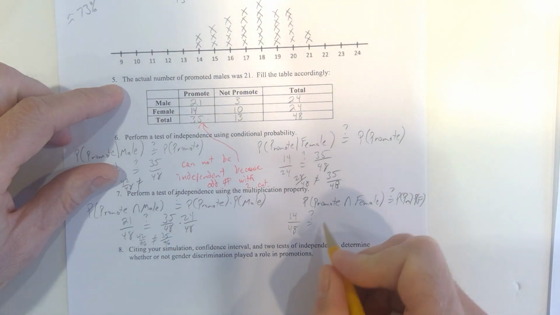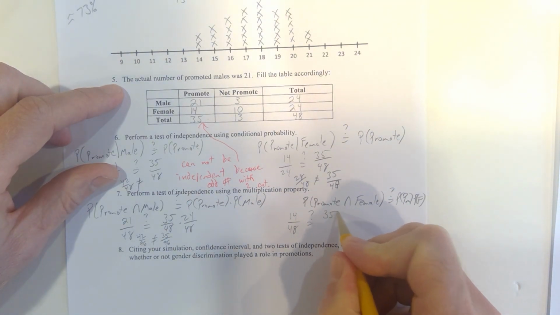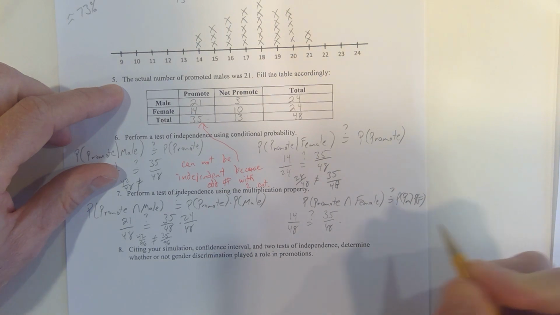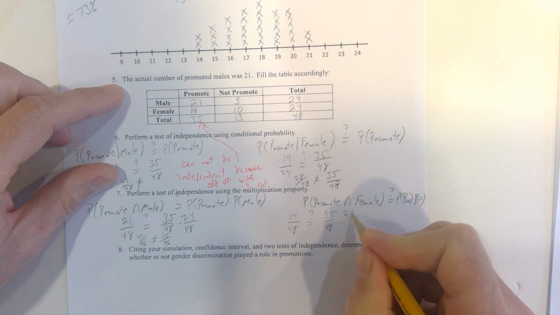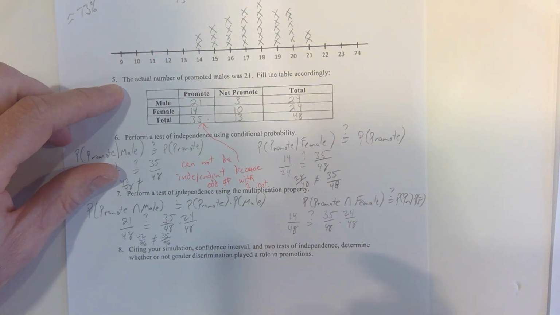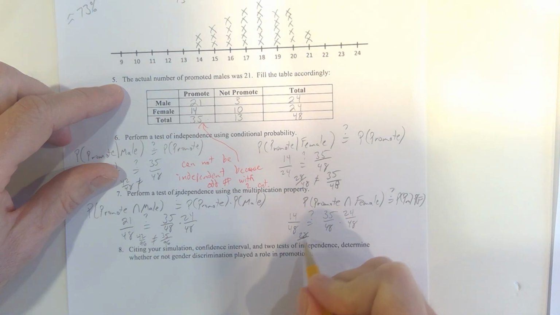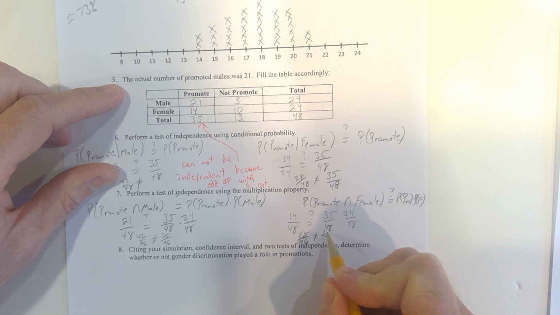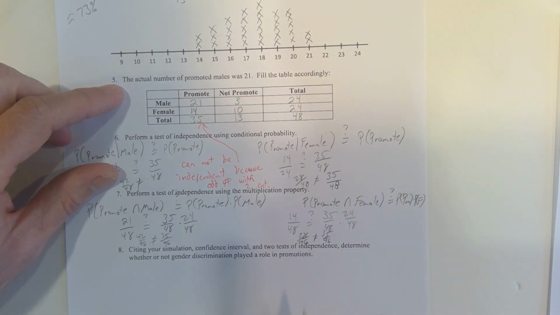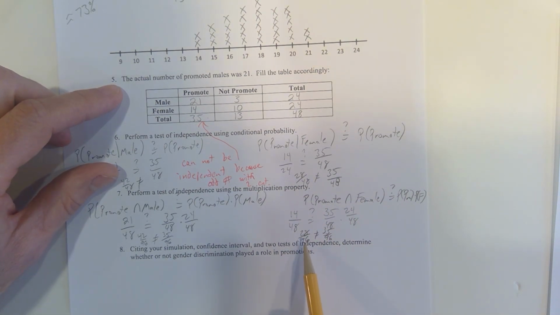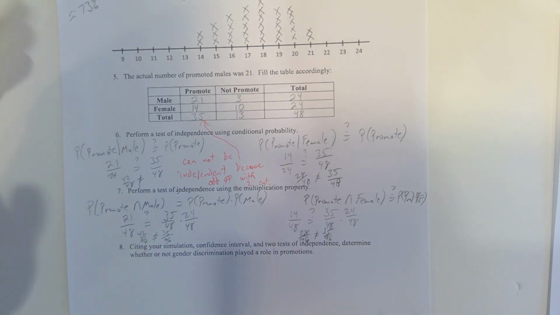And promote 35 out of 48. And female 24 out of 48. Getting common denominators, so this is 28 out of 96, and the right side again, 35 out of 96, and we can see they're not equal. Again, being a female is lowering your chances, which we already knew.